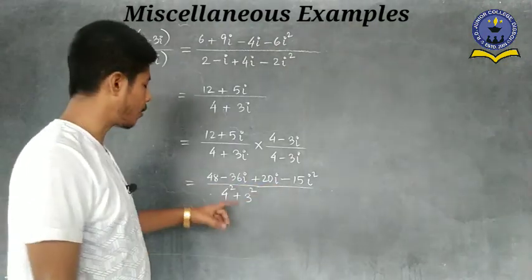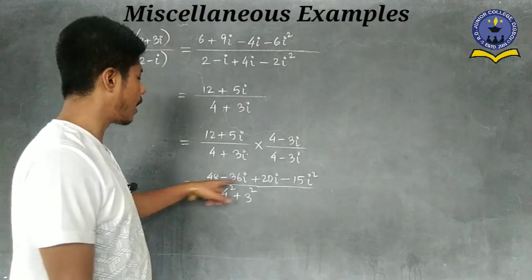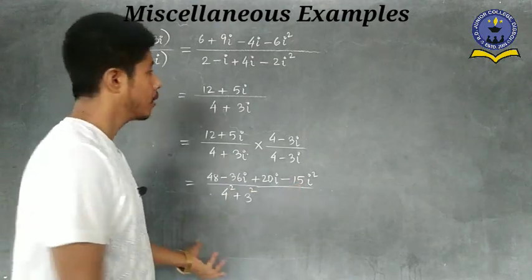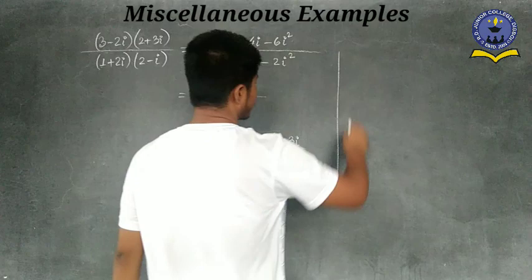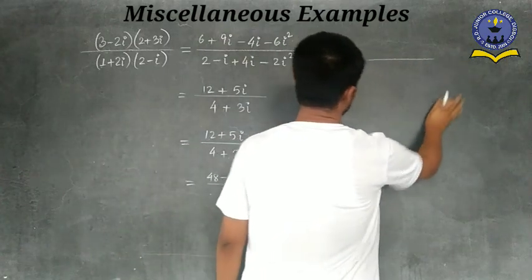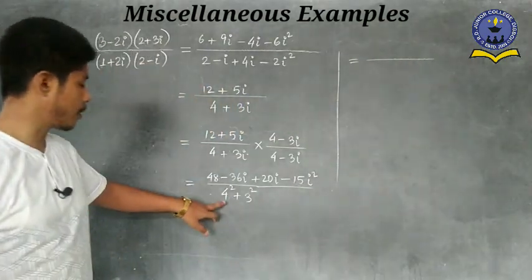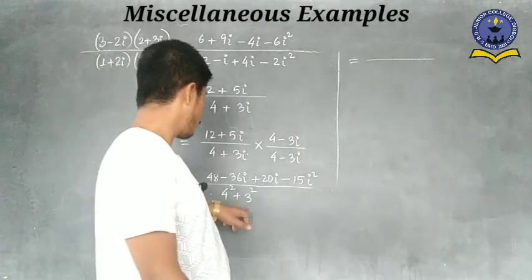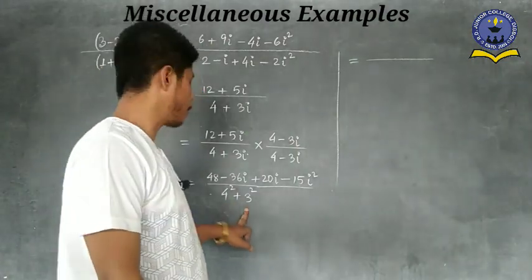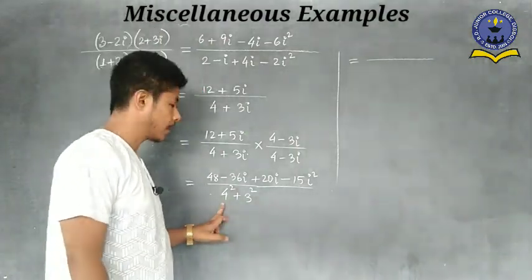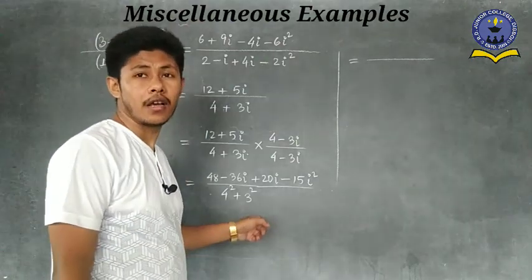Now how can we calculate? You see i squared means minus 1, so that's what we do here. In the denominator we have 4 squared and 3 squared, that means 16 plus 9, total 25.